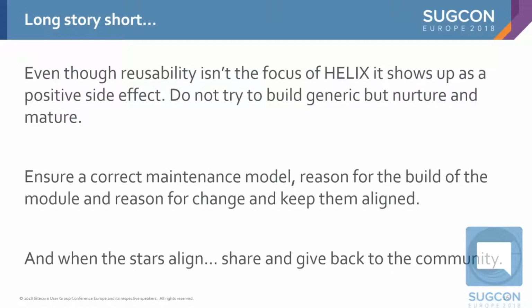And if you ensure the correct maintenance model, the reason for the build, and keep them all aligned, and you can keep that purity, then you will notice that a lot of stars will start aligning. And when that happens, you can share and give back to the community.